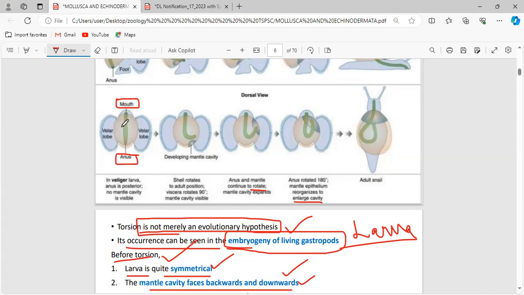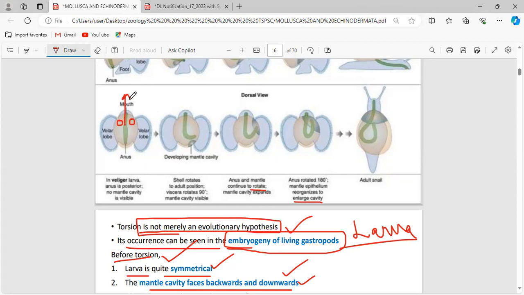This will be the mantle cavity. One auricle is present here, one auricle is present here, one gill is present here, with an inlet and an inlet, and this will be the outlet. Consider only this particular respiration process. Here one inlet, here one inlet, and this one will be an outlet.